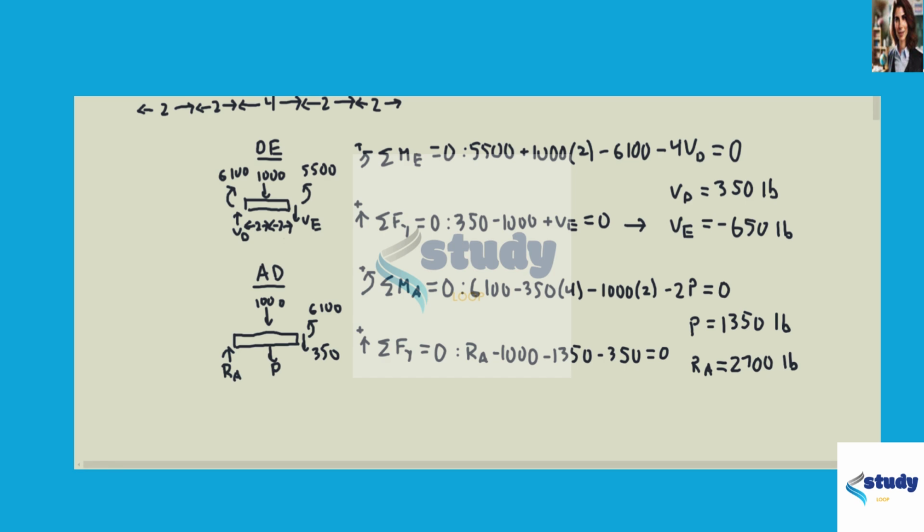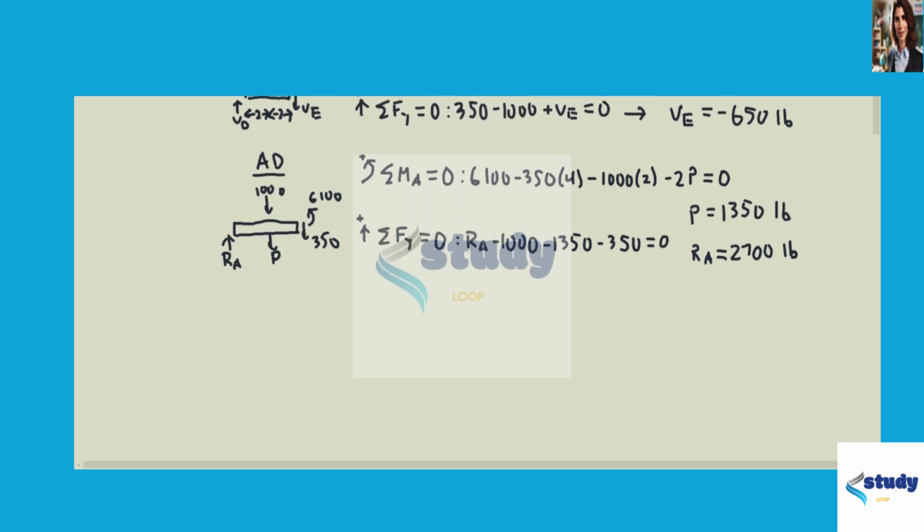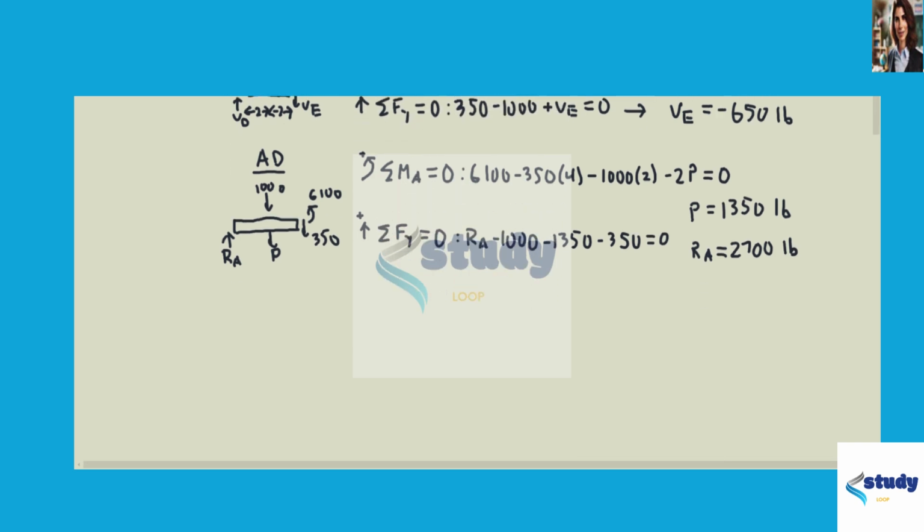And our third segment will be segment EB. Here, at point E, we'll have the moment 5,500.